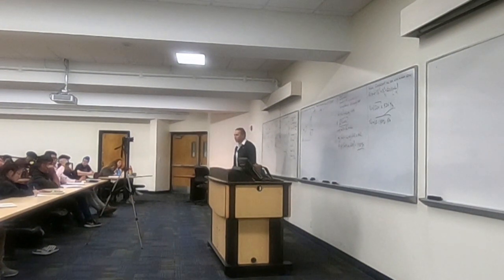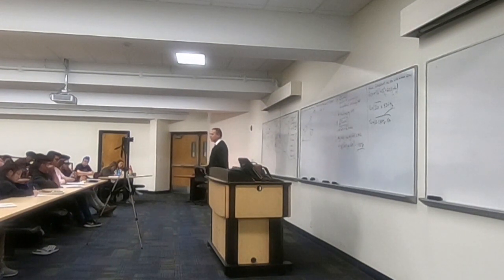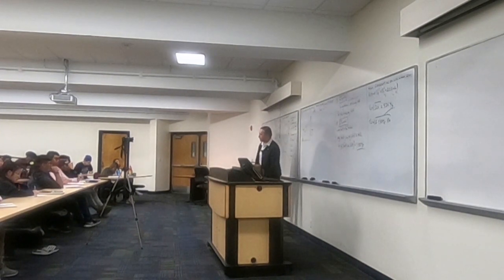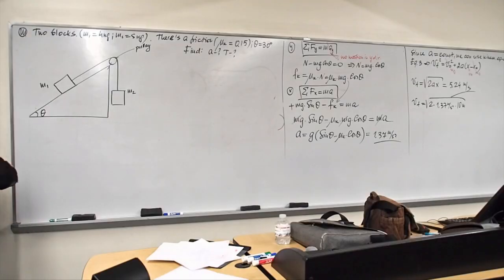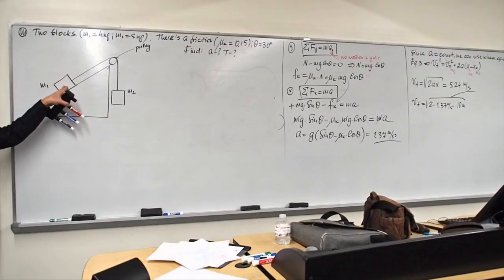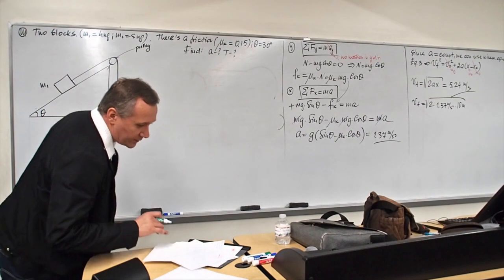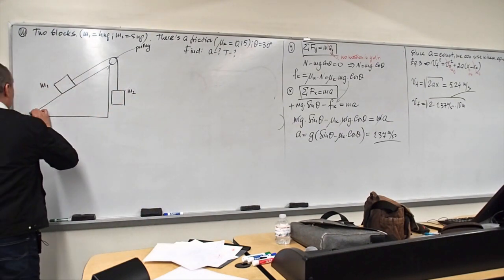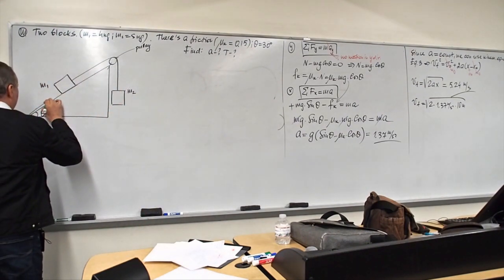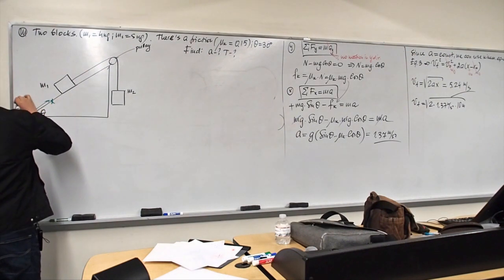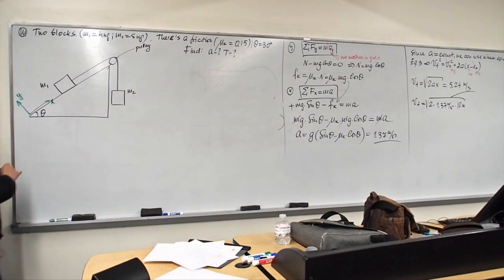It's not a crime. You will still get the normal equations connecting the magnitudes of tension and acceleration. One coordinate system for this object: standard, classical, x-axis along the incline, y-axis perpendicular.